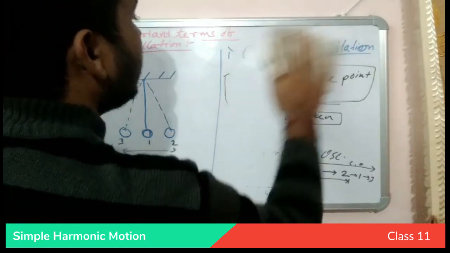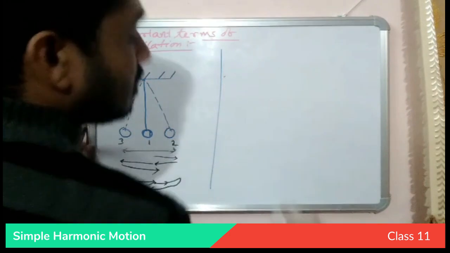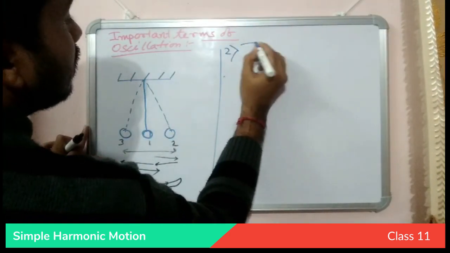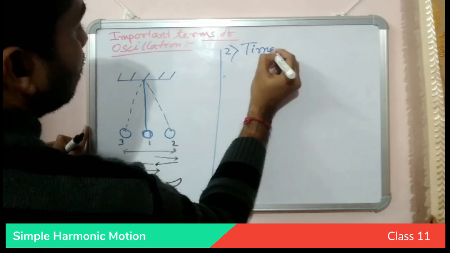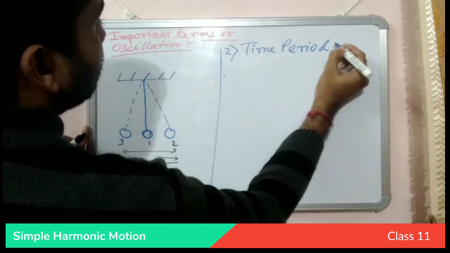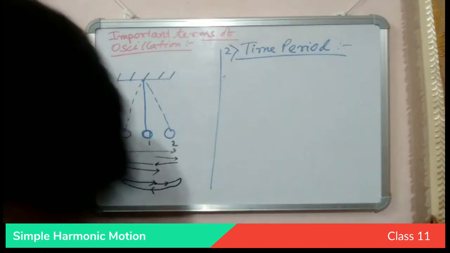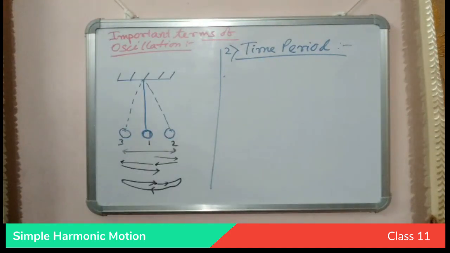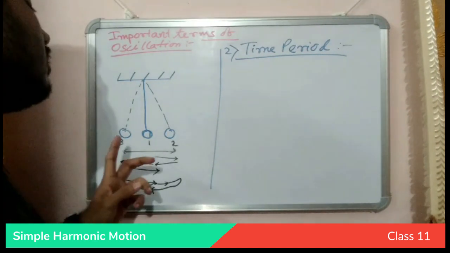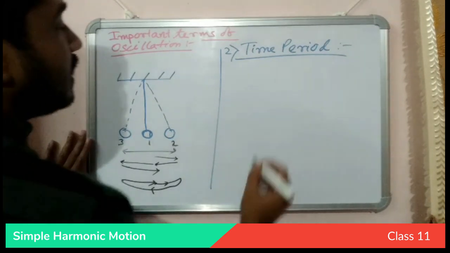Our next term to be learned carefully is number 2, time period. So time period is, as I have mentioned earlier, that the bob will take some time to complete a complete oscillation.